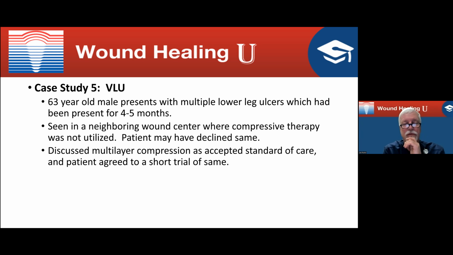He may have very well refused it. However, we discussed multi-layer compression with him as the accepted standard of care. He begrudgingly agreed to, as he described it, a short trial.